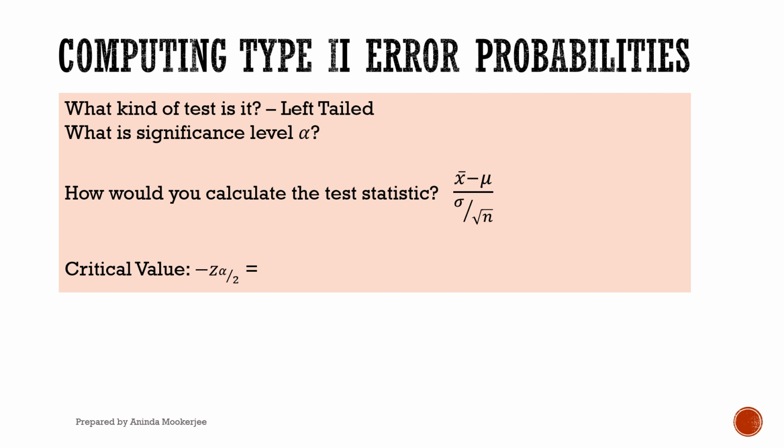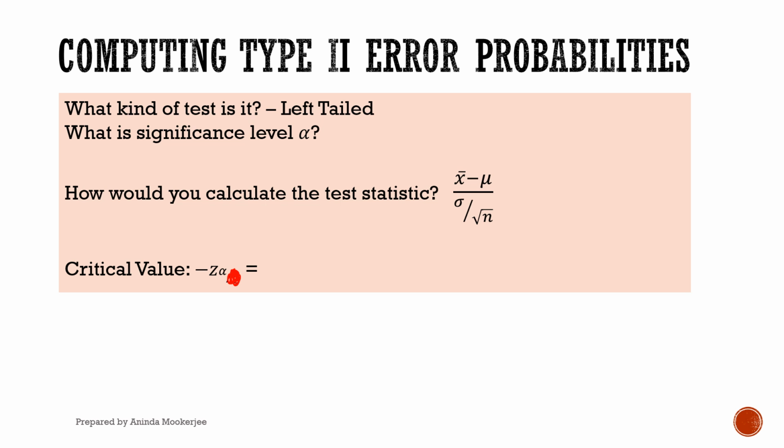Now, before moving to the next slide, something caught my eye in the previous slide, and it was that this critical value here, as you see, is alpha by 2. In a left tail test, we do not have alpha by 2, so it would be just alpha. So you may want to correct that in your previous slide.